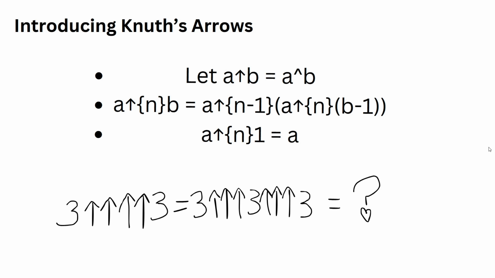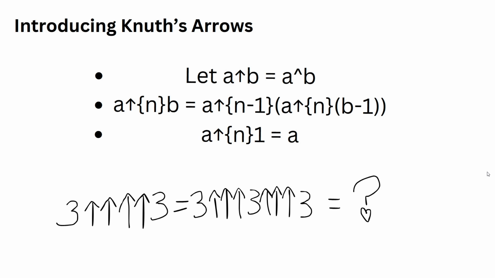Then, if you have n arrows, A arrows B is the same as A followed by 1 less arrow, and then the original expression, but you took 1 off of B. You keep doing this repeatedly until B is 1, and you end up with B repetitions of the next operation down, which is exactly how we built up tetration, out of B repetitions of exponentiation.